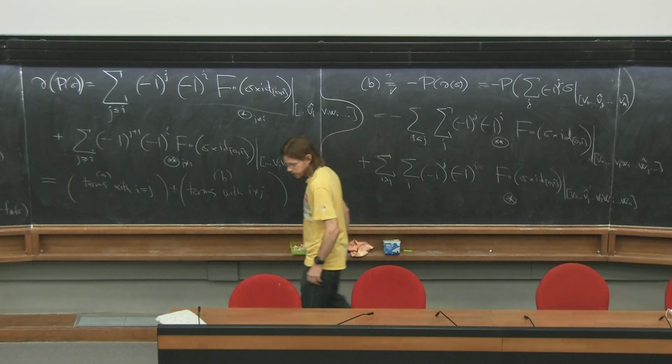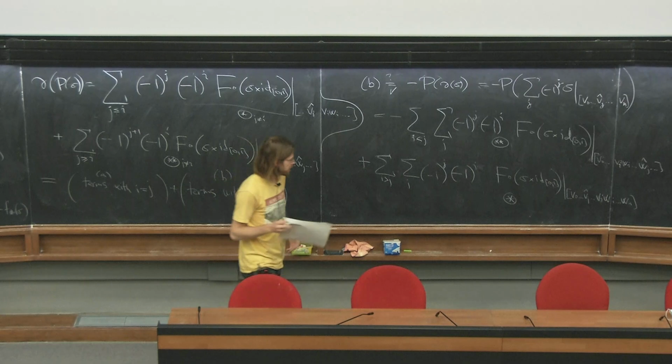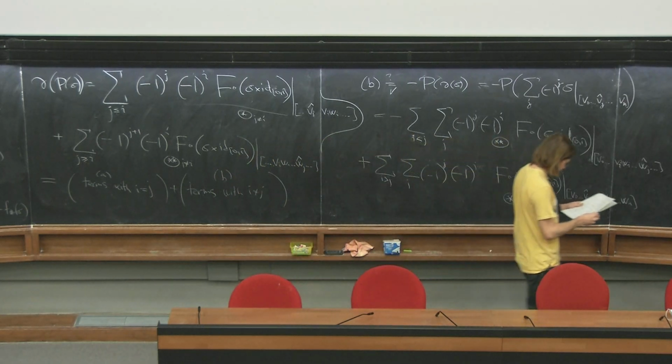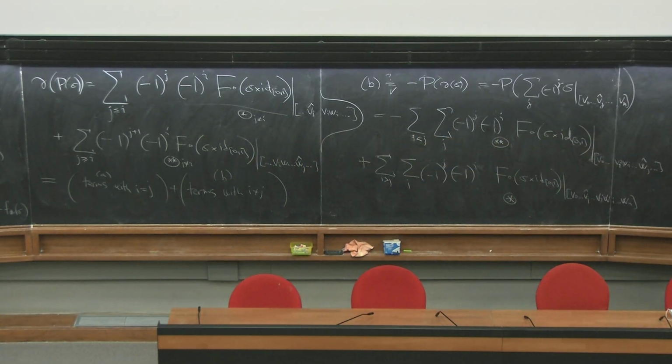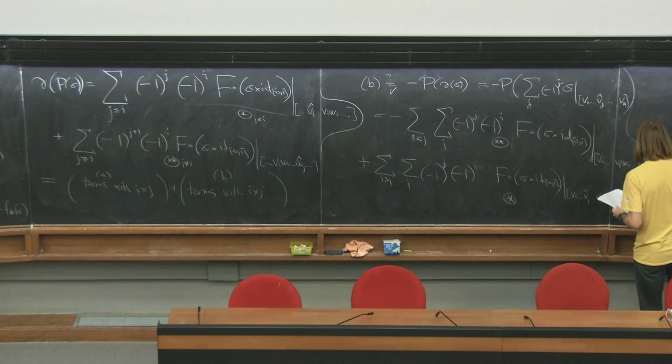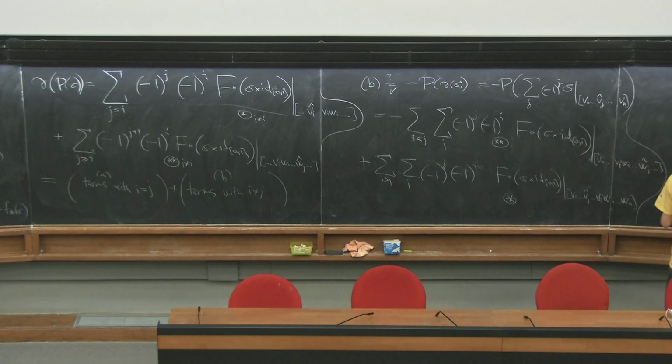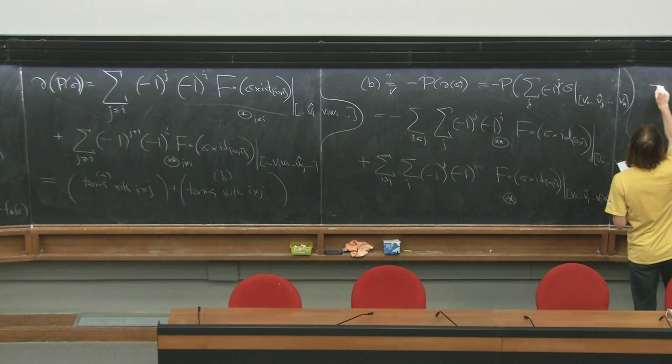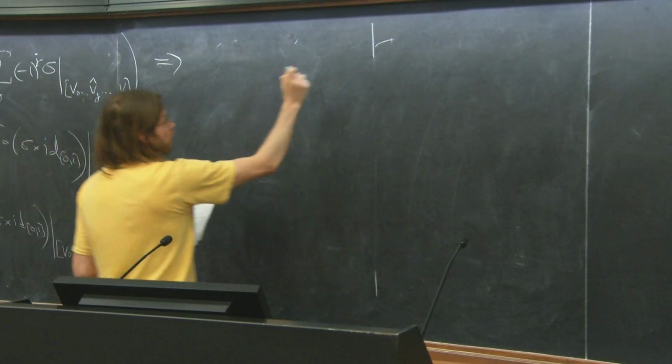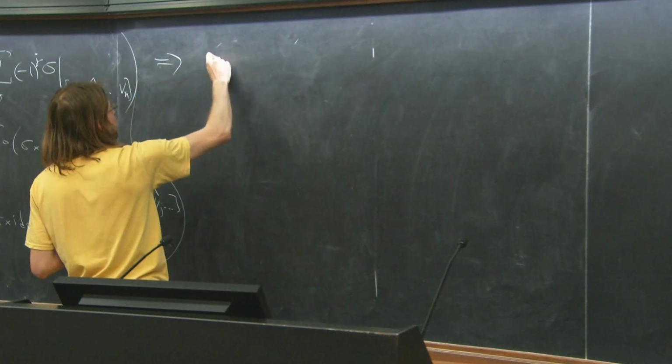Okay, and combining this with the analysis for these terms of type A, we indeed arrive at this promised identity.